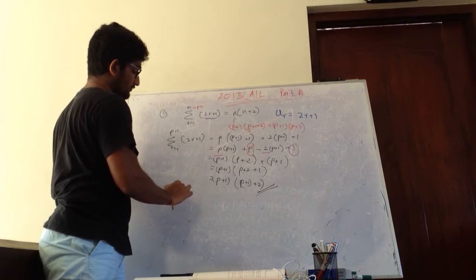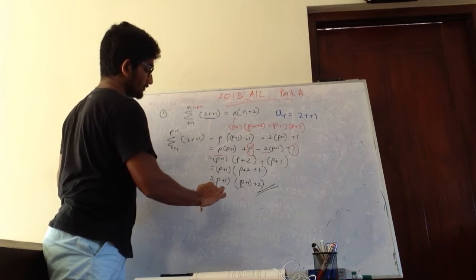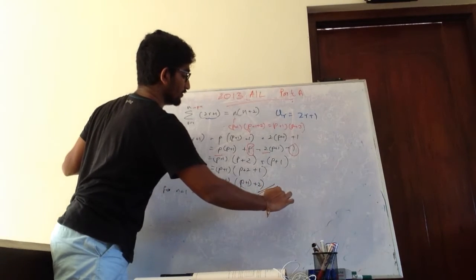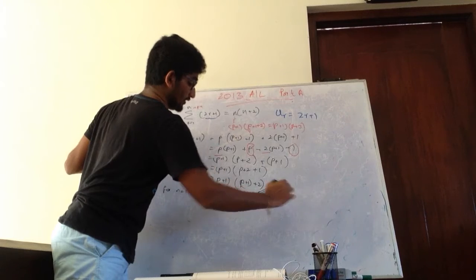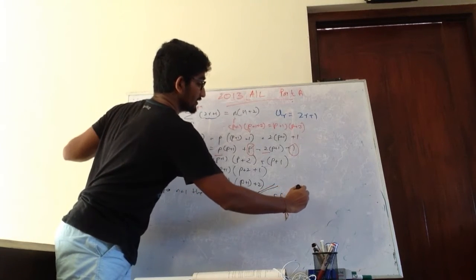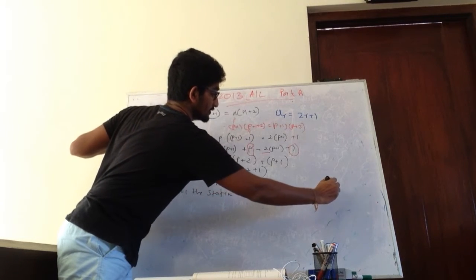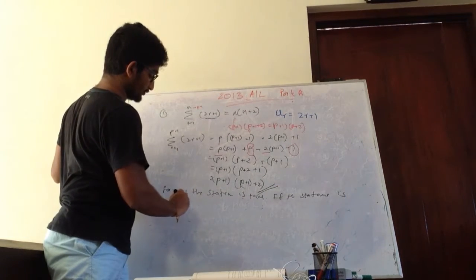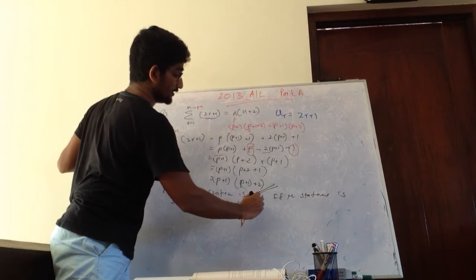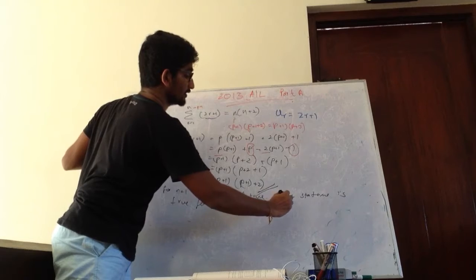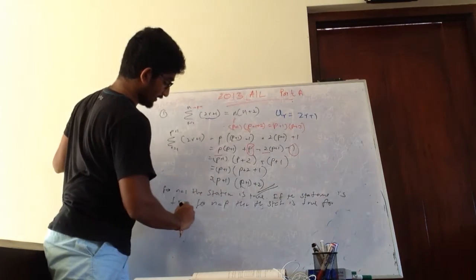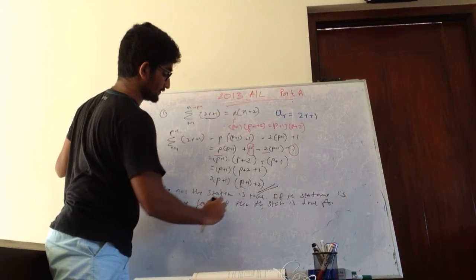So now you have to write: for n equals 1, the statement is true. If the statement is true for n equals p, then the statement is true for n equals p plus 1.